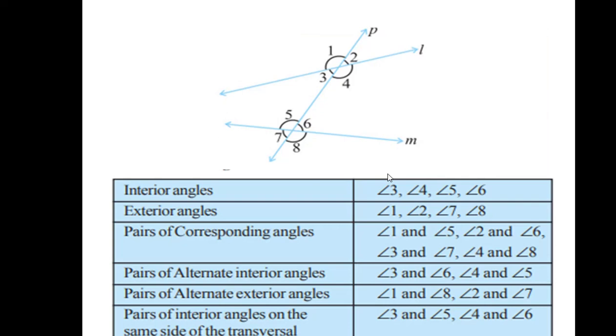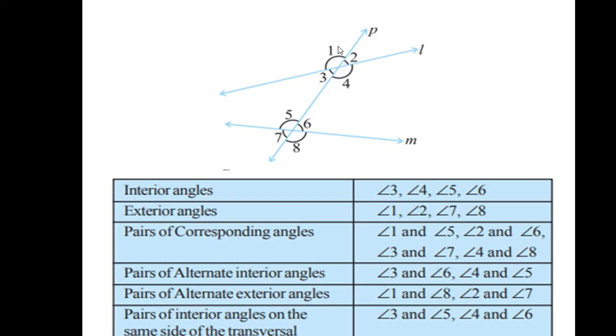Then pairs of alternate interior angles. Alternate and interior, two terms are there. First I'll say alternate. Alternate means, 3 and 6 here. 3 is to the left side of the transversal and 6 is to the right side of the transversal. So that is called alternate.